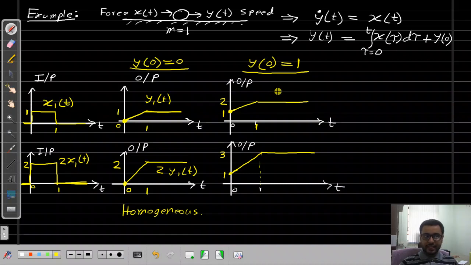Now you see that if I call this y1'(t) and this y2'(t), this is not double of y1. Here it is 1, here it is also 1. It is not double. Here it is 2, here it is 3. It is not 4. So it looks like non-homogeneous.